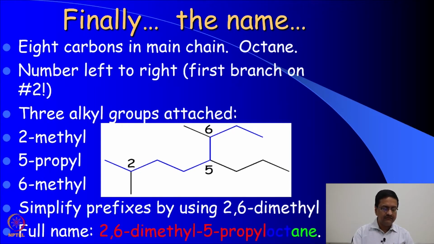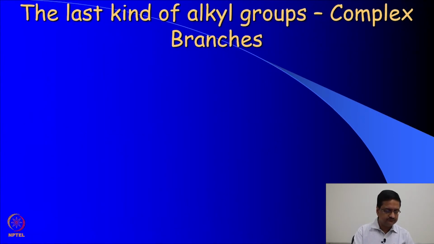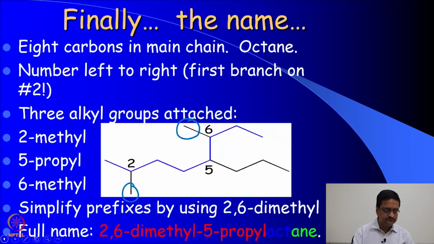Now, at 2 position and 6 position, we have 2 methyl groups. So, that we write as 2,6-dimethyl.